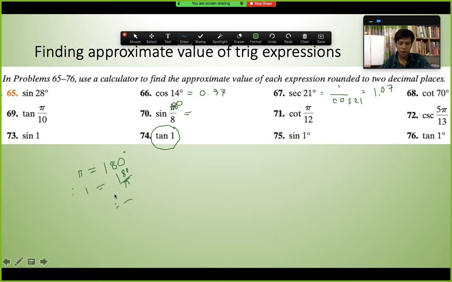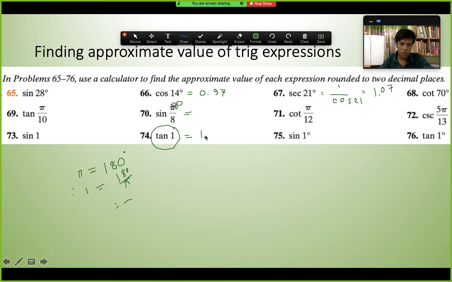So 180 divided by 3.1416 equals 57 point something. Now we have to write tan of 57 point something. This equals 1.55. See, this is interesting here.